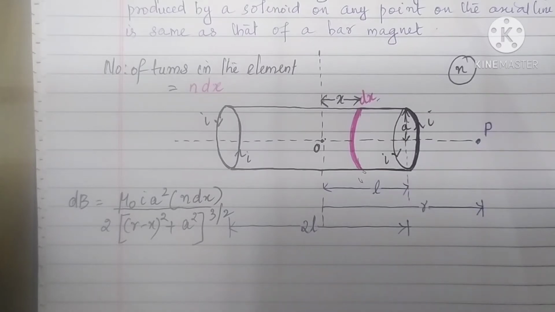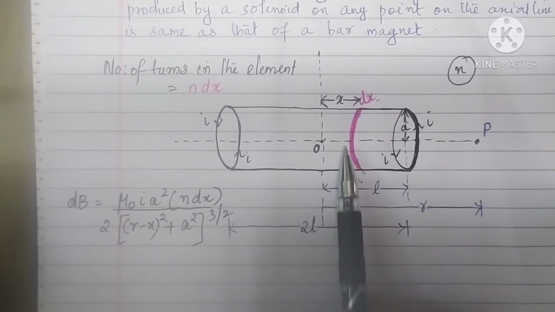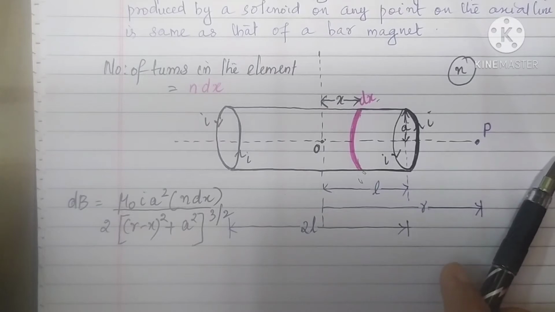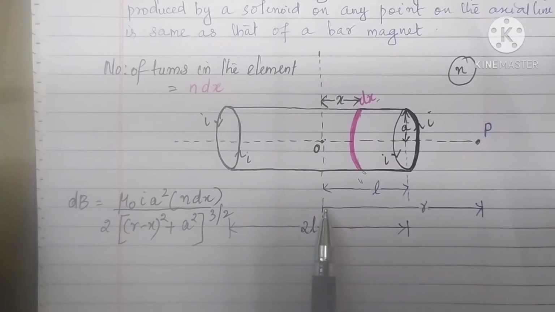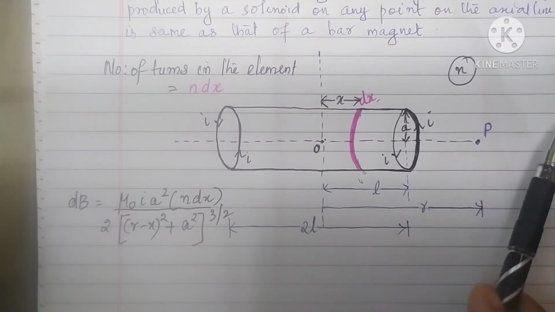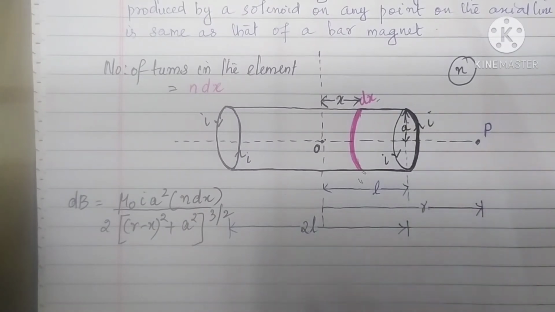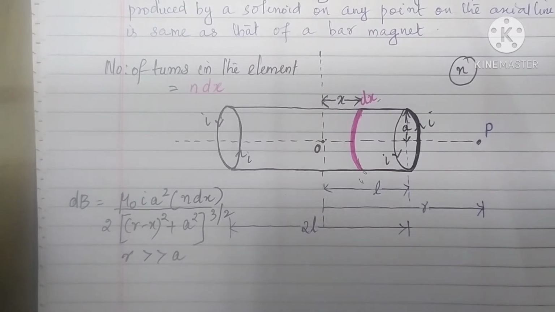Clear? Now here we are assuming that this P lies at a very large distance from O. So the distance from O to P is very much greater than the value a. The condition is r much greater than a.